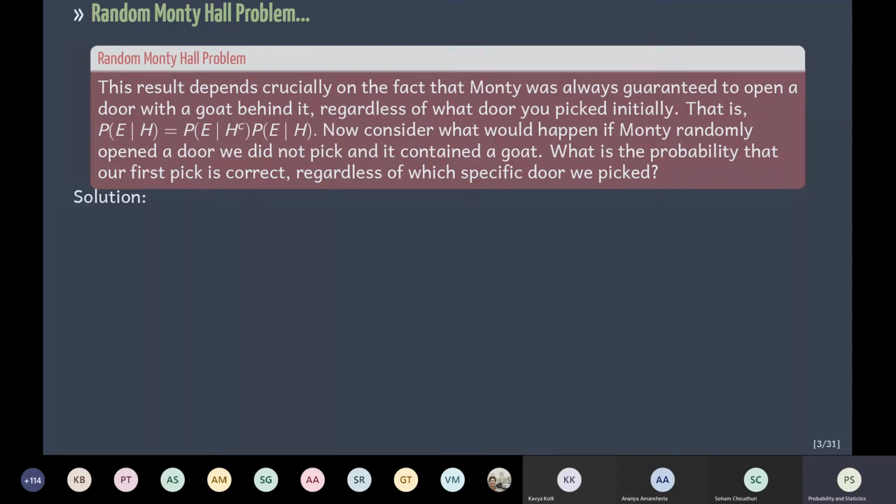So that strategy helps. The fact that Monty always opens a goat door is the most important point here. And if Monty opens a door randomly, then things will be a bit different.